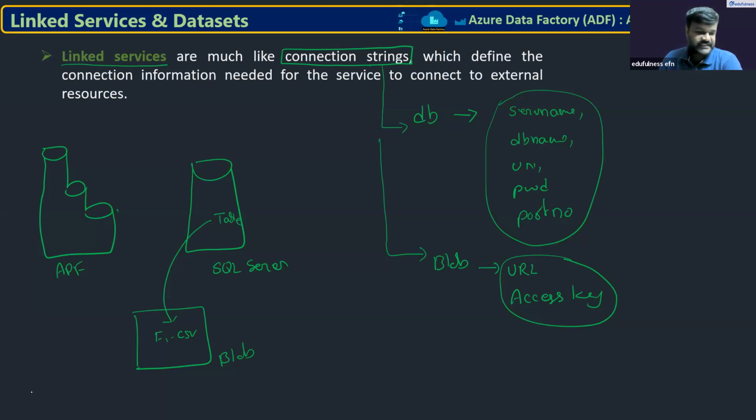By providing these five details, you are entering inside this database. Another linked service, which you can also call a connector: in Data Factory, ready-made connectors are available, so that if you provide these two details, it will reach this particular blob. That is what linked services are.